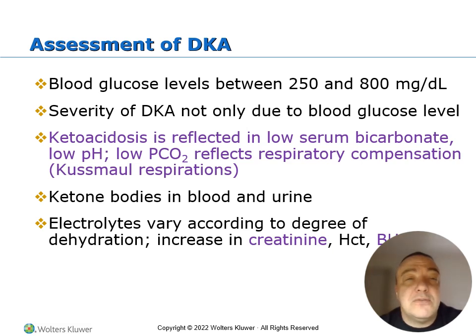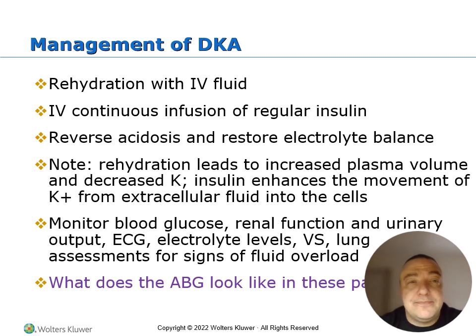So we're going to be checking on that creatinine and our BUN, and then our hematocrit levels. So that'll be an increase if we're urinating a lot. So there is that. Okay, remember kidney function tests, creatinine and BUN.